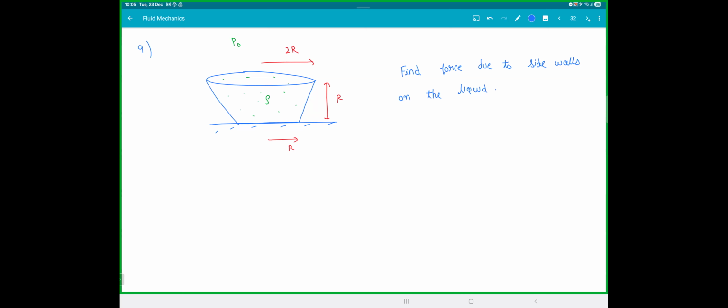Yeah, some good questions also mixed up with thermodynamics. So there's a lot of mixability there. When we do thermo, we will do problems based on fluid mechanics also. So let's get this. Find the force due to the side walls on the liquid.